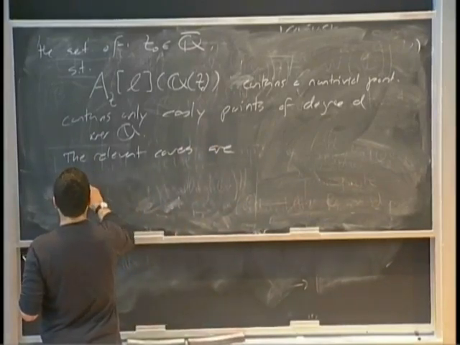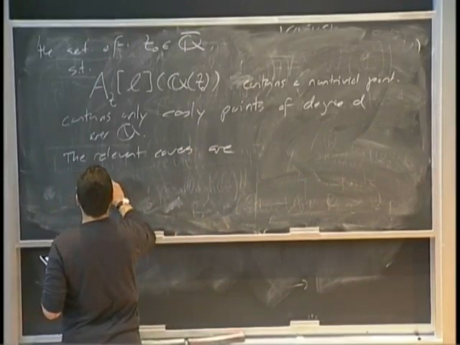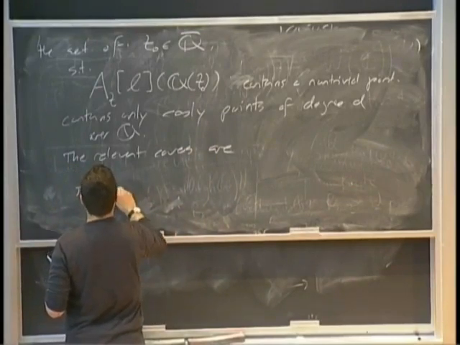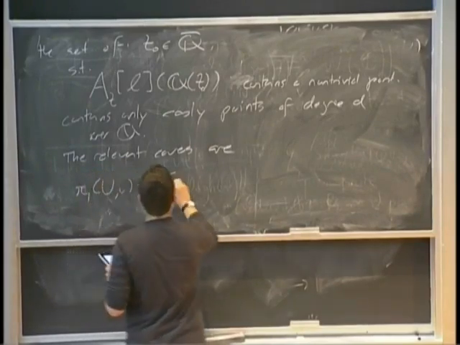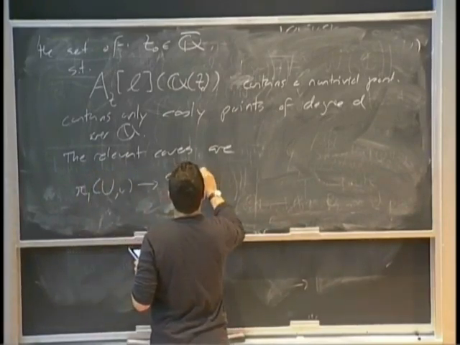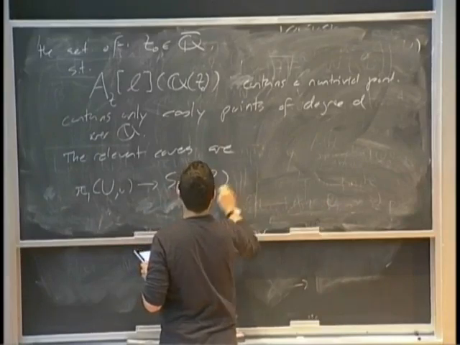You have a monodromy representation, as always, from pi 1 of your base to, in this case, Sp2g(Z).